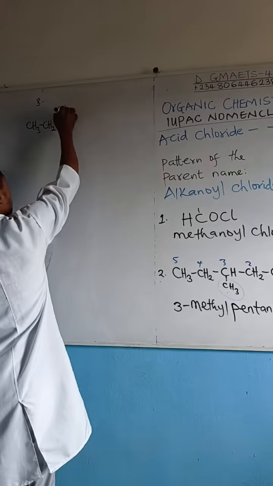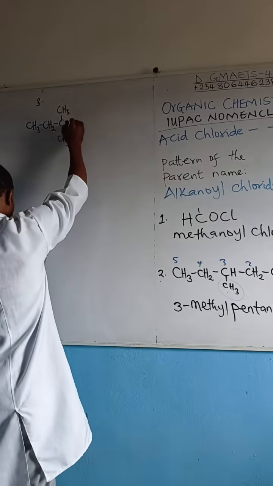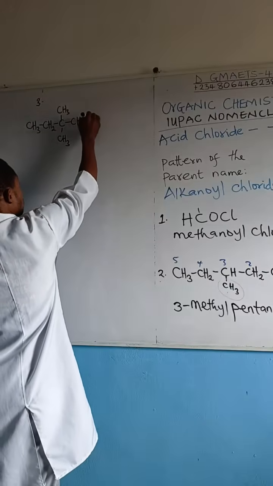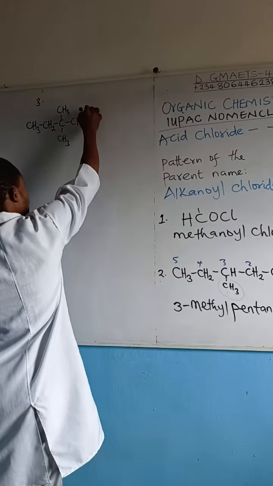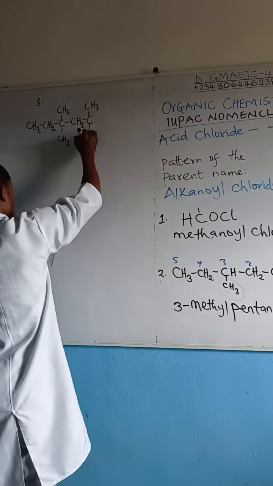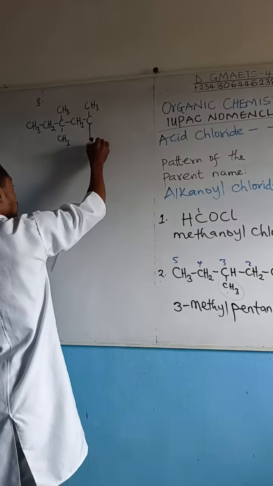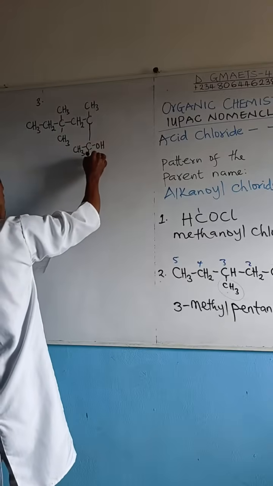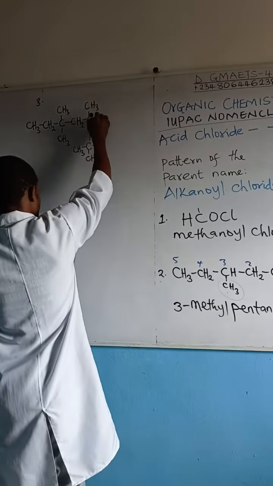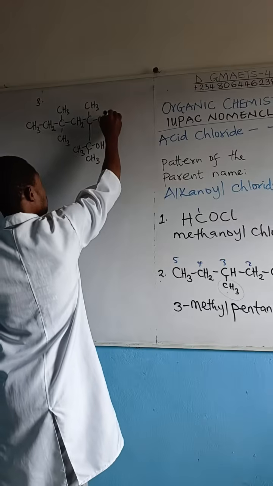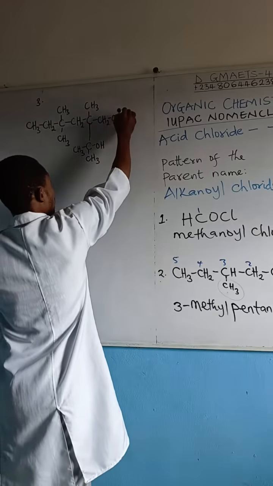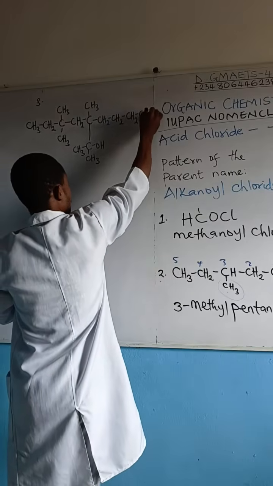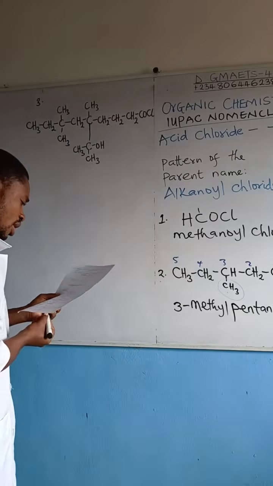This is CH3, CH3, and then we have CH2, then C, there's CH3, and then here we've got C, we have OH, and then CH3 here. Moving on, I have CH2, CH2, CH2, and then I have COCl.